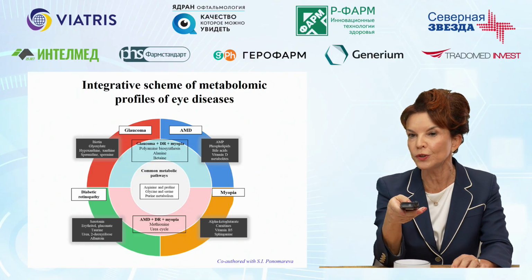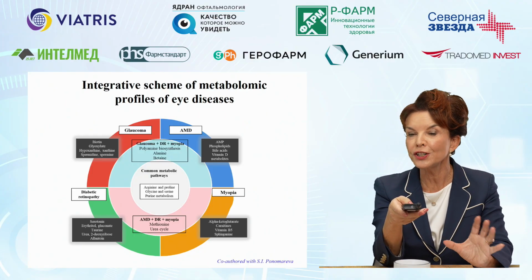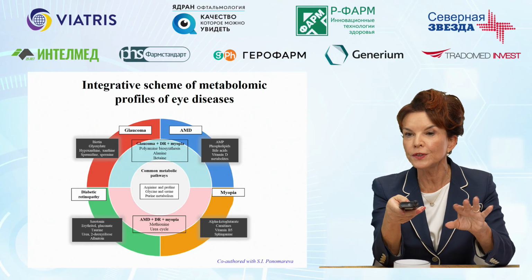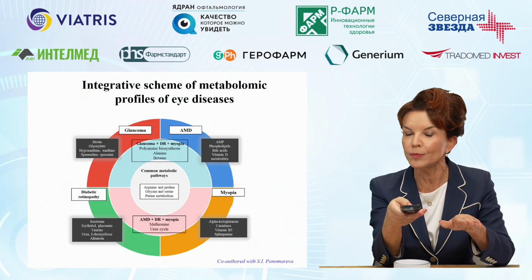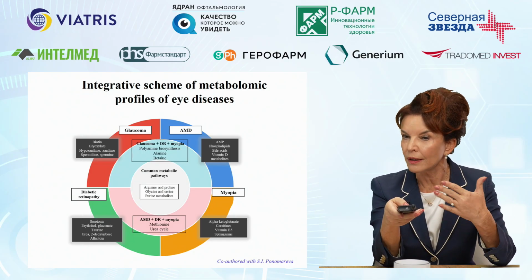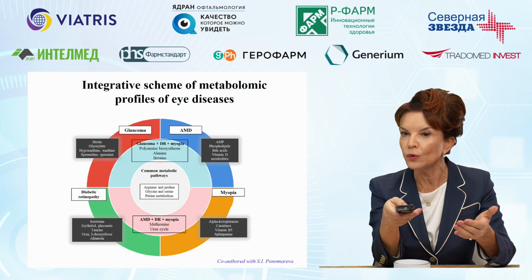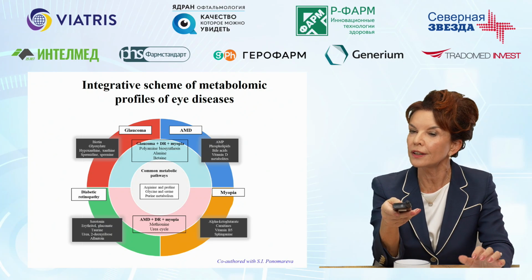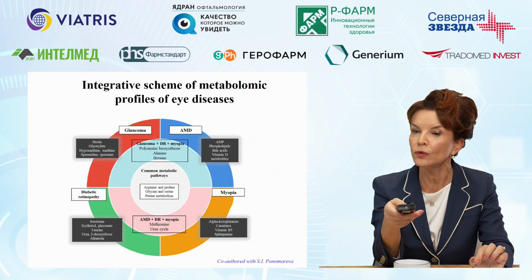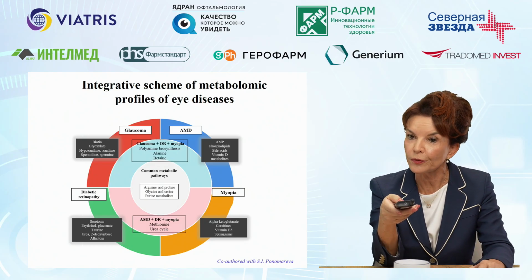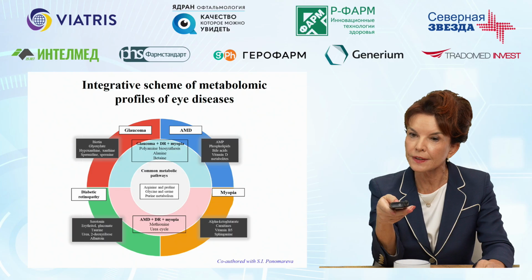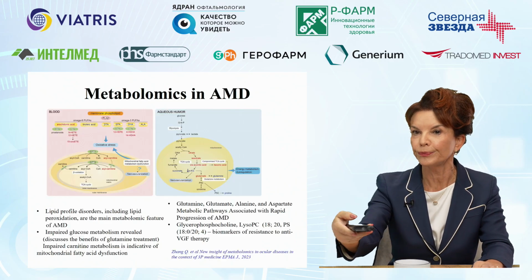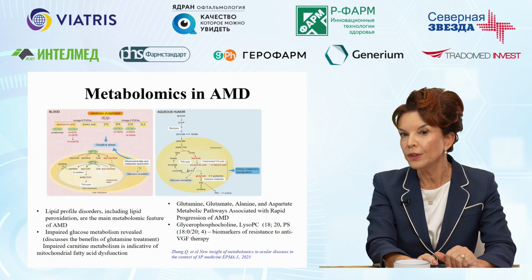And if we do our best, as we did with AI, we found those metabolic pathways which basically allow us to change the course of diseases such as AMD, glaucoma, diabetic retinopathy, myopia, and arginine plays an important role here. So nitric oxide plays an important role in the pathogenesis of all these diseases.